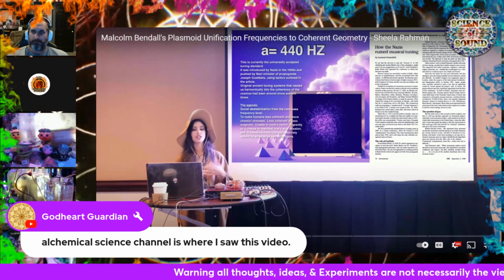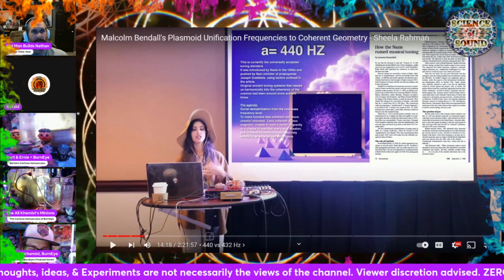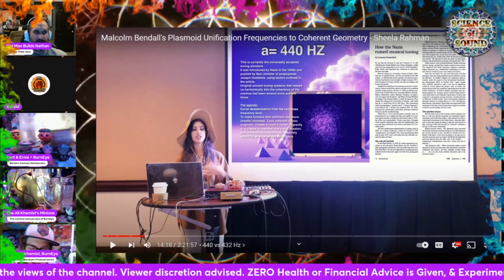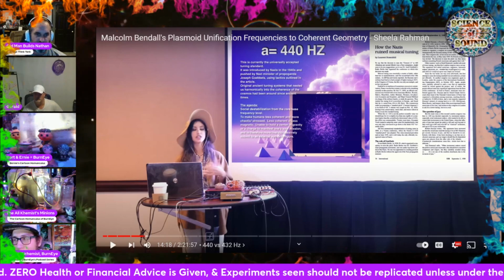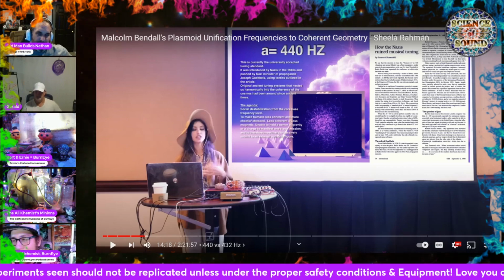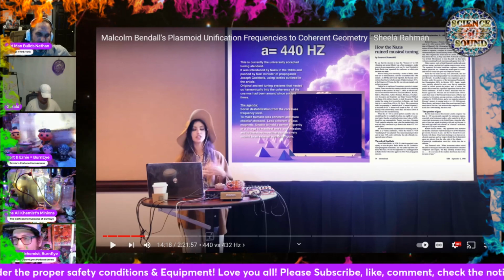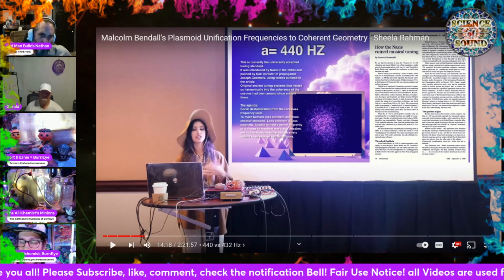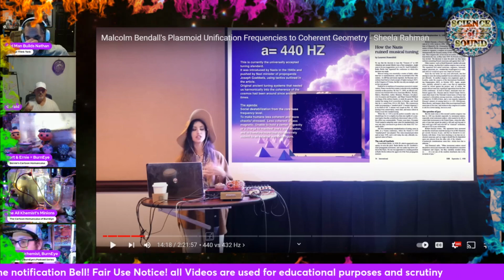And what Sheela's describing right here is by far the most scientifically explained visual evidence demonstrating the actual implication difference between 440 hertz and 432 hertz for musical scaling, and what she's about to show through the geometric coherence in the oscilloscopes coming up here right now is just astounding.